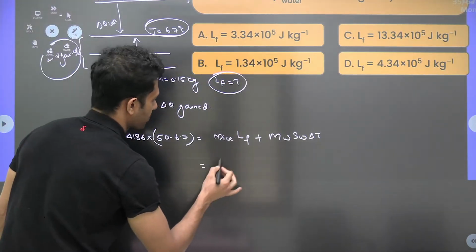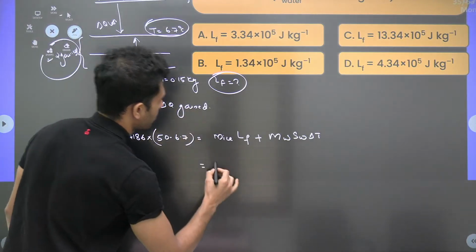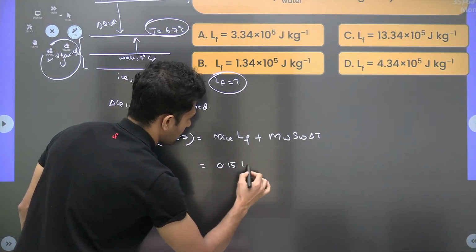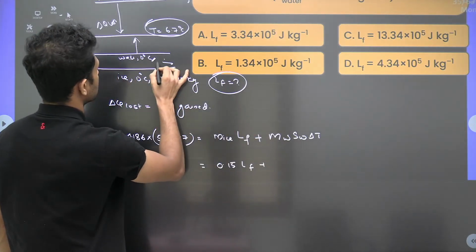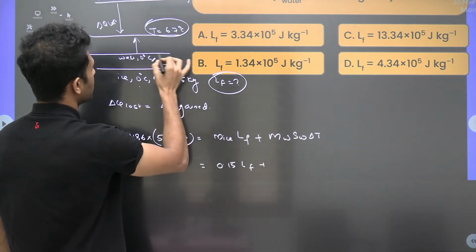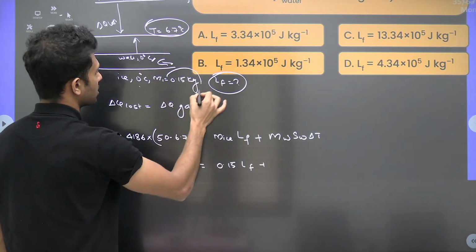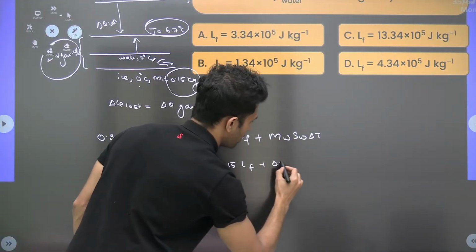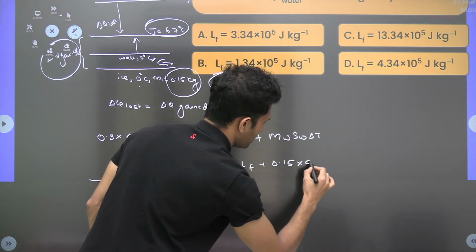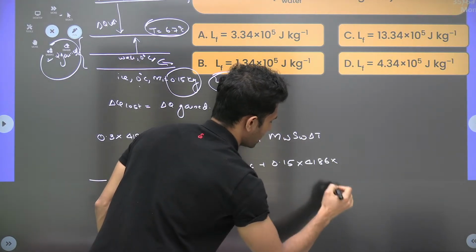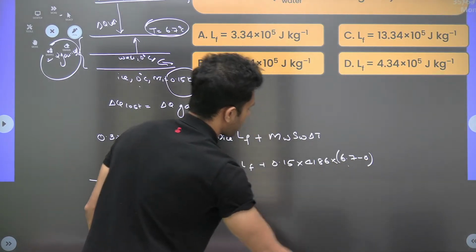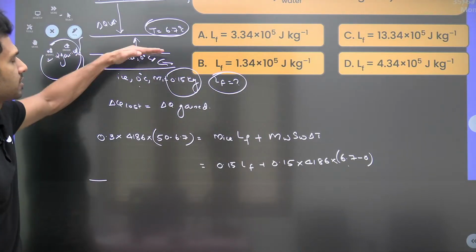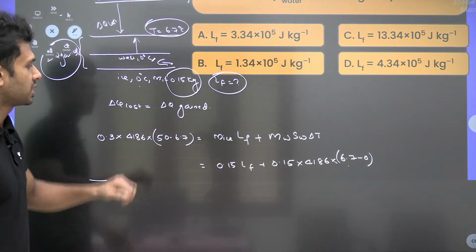Start substituting. Mass of ice is 0.15 into latent heat of fusion, plus the mass of water. Once ice converts itself into water, the mass remains the same, which is 0.15 itself. Specific heat capacity of water is 4186. Change in temperature is 6.7 minus 0, since water at 0 became 6.7.